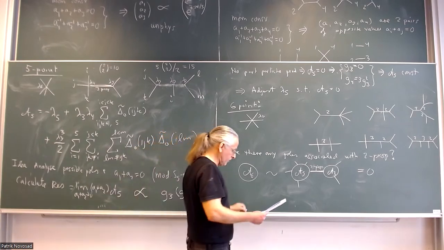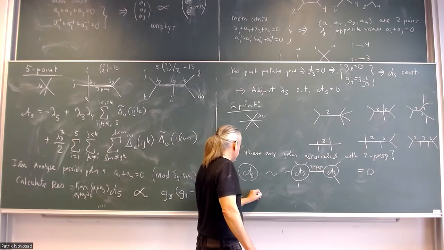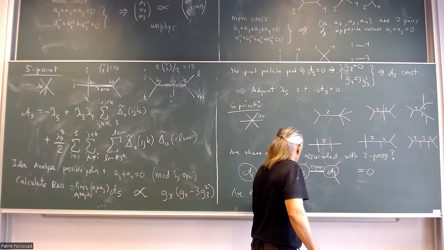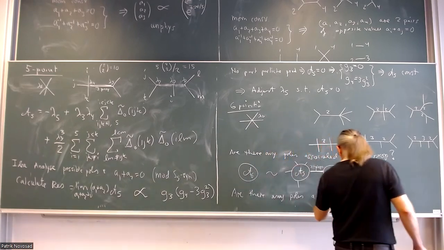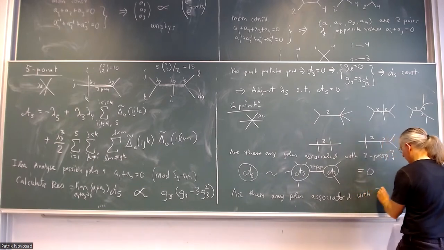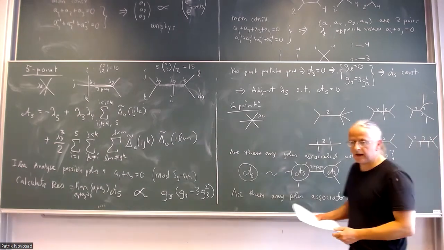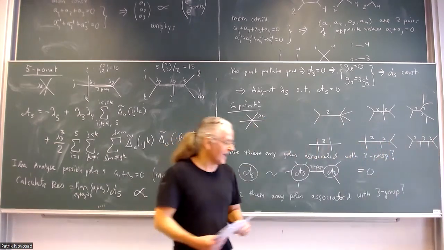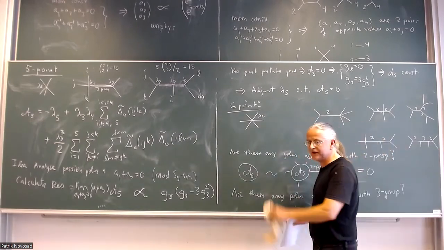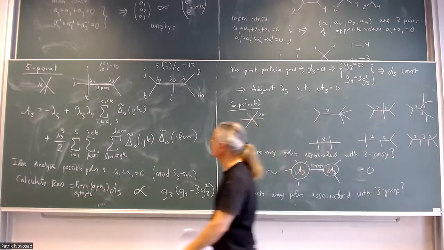So that brings us to the next question. Are there any poles associated with 3 propagators? And it turns out, yeah, so the trick would then say, okay, this was so nice, why don't we do factorization one more time.